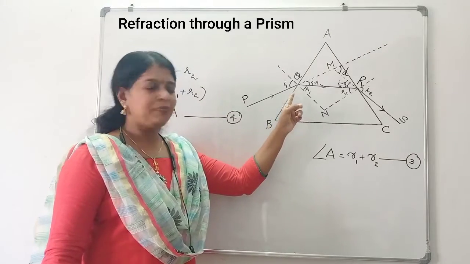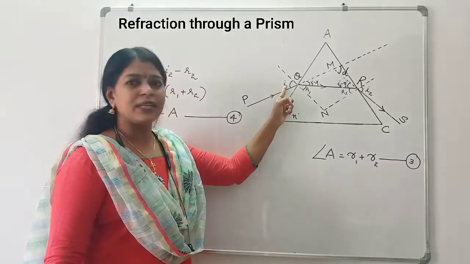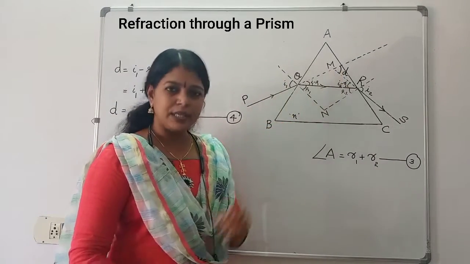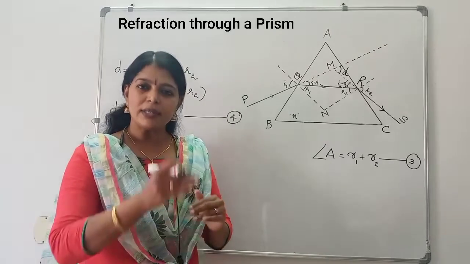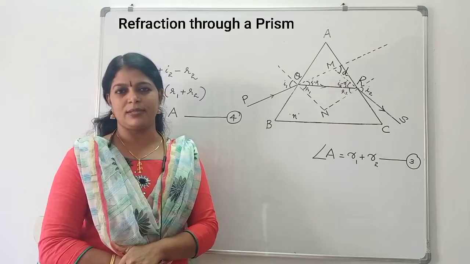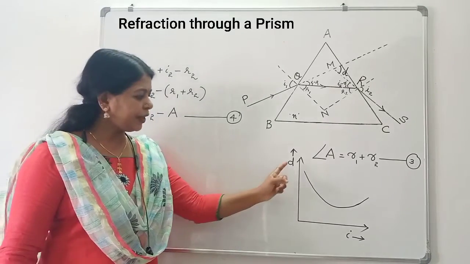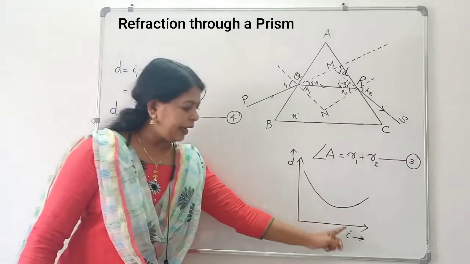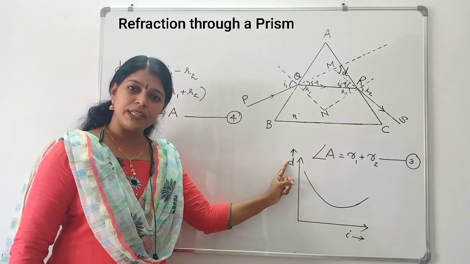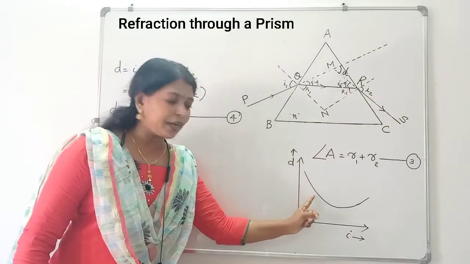For a prism, as the angle of incidence increases, angle of deviation decreases, attains a minimum value, then increases. If we draw a graph connecting angle of incidence I and angle of deviation D, we will get a graph like this.